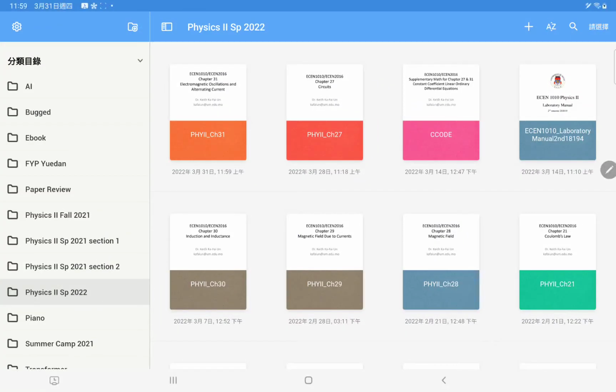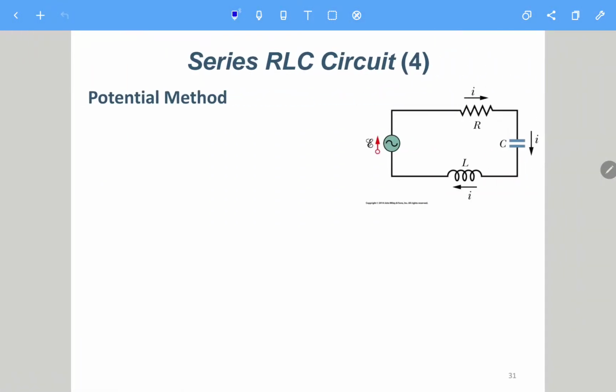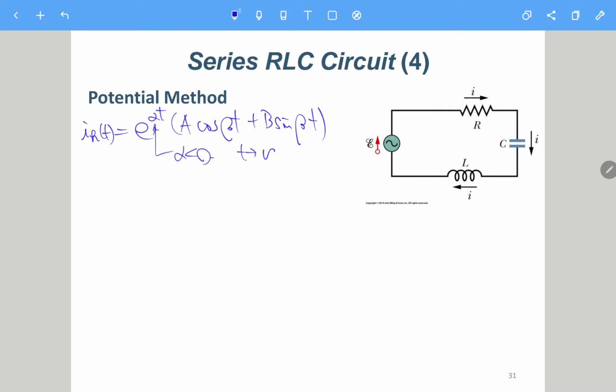Then the homogeneous solution is exponential alpha t times a cosine beta t plus b sine beta t. Here we should have alpha less than 0, which means that IC of t will tend to 0 when t tends to infinity. So we only consider the particular solution.